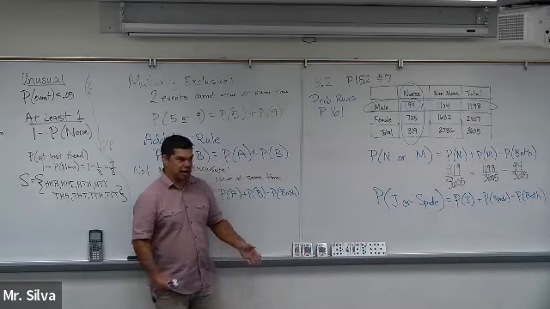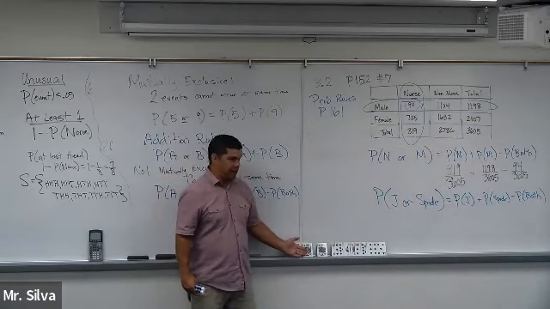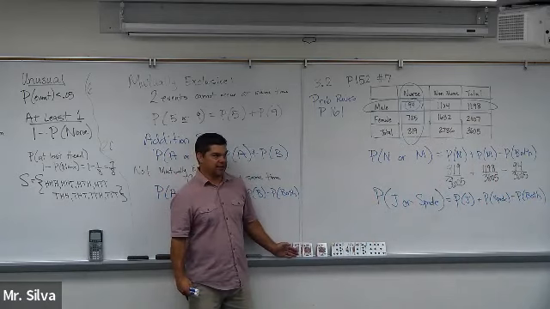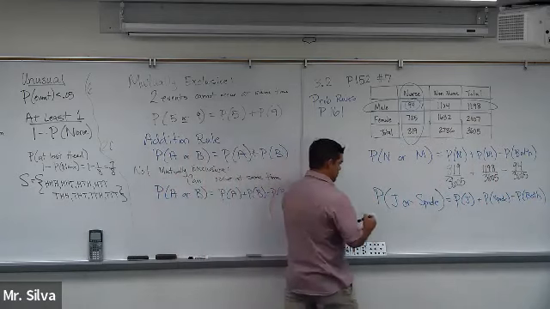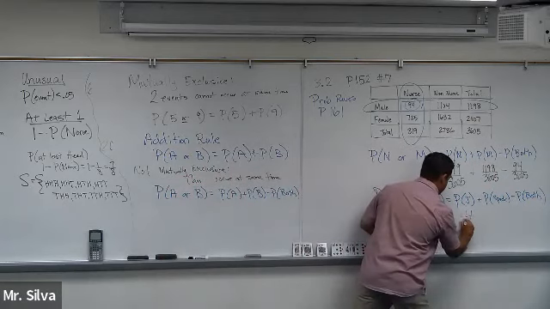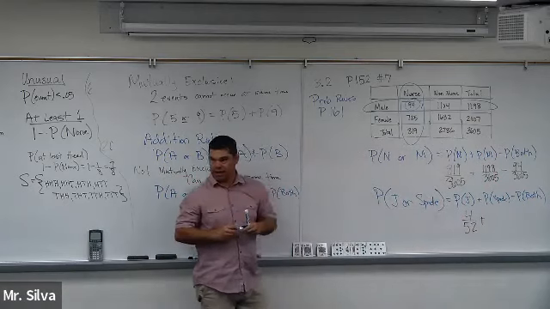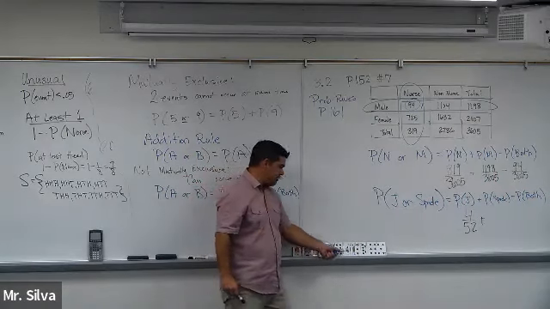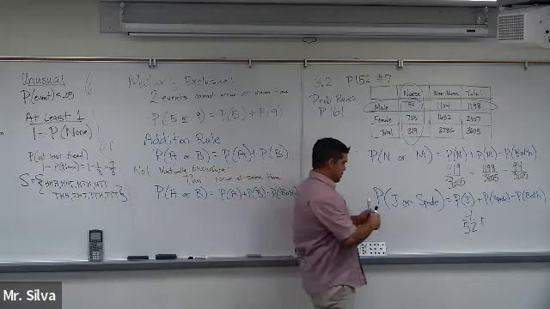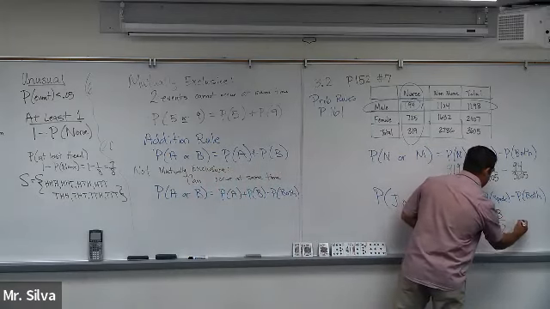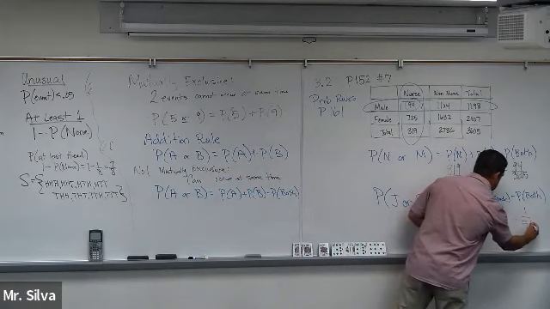And I showed them right up here. The probability of getting a jack, 4 out of 52. Does that make sense? That's 4 out of 52. Plus probably getting a spade. How many spades are there? There's 13 spades. Minus probability of getting a jack of spades, 1 out of 52.